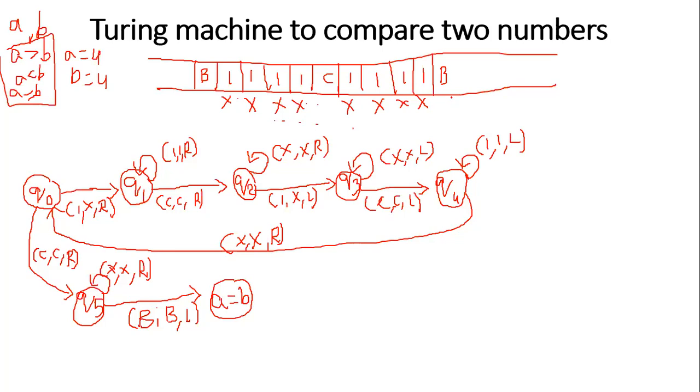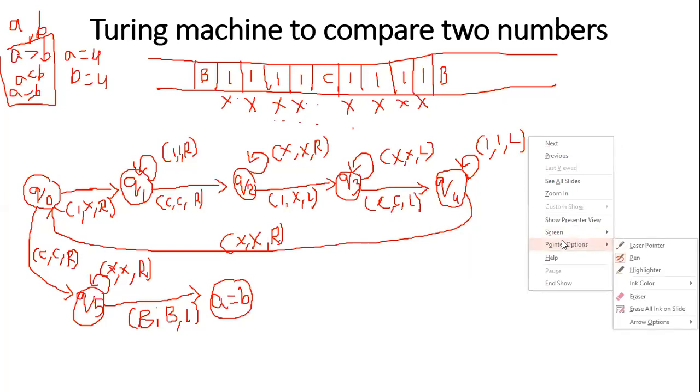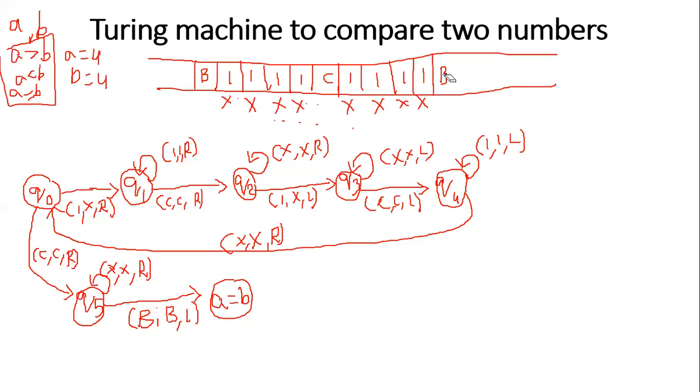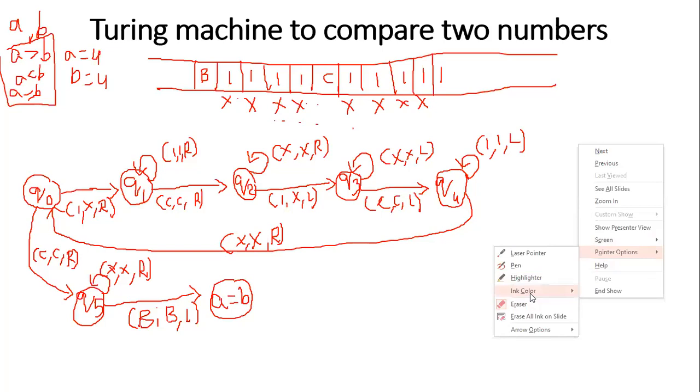And what is the case for A less than B? If B is bigger, how does it look? If the second one is bigger, your input will be like this.